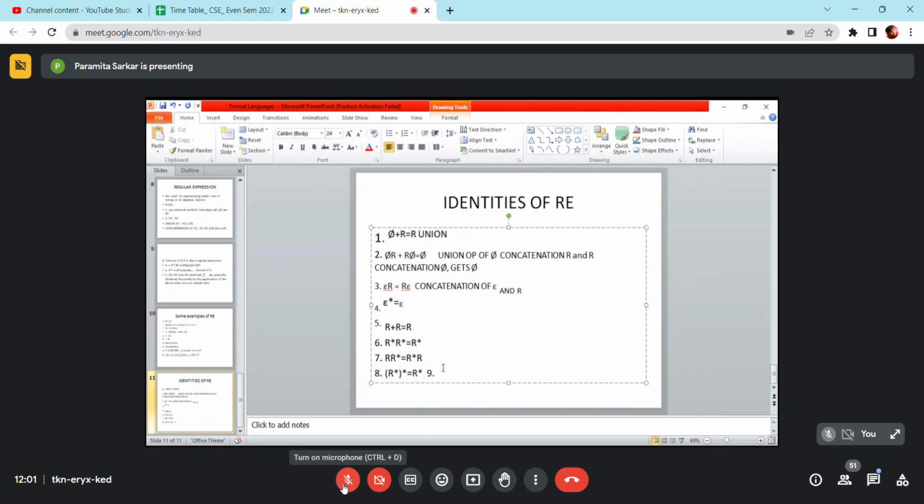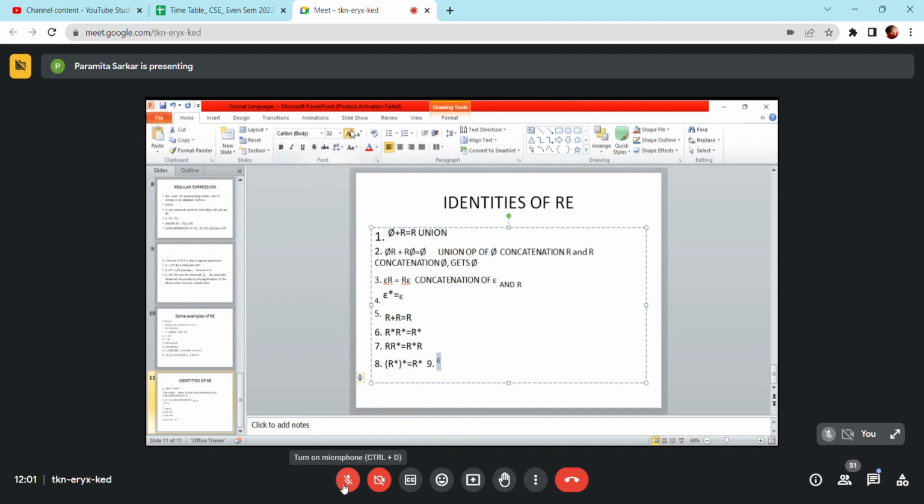Number 9. This one is important: epsilon plus r star. That means union of epsilon and closure of r.